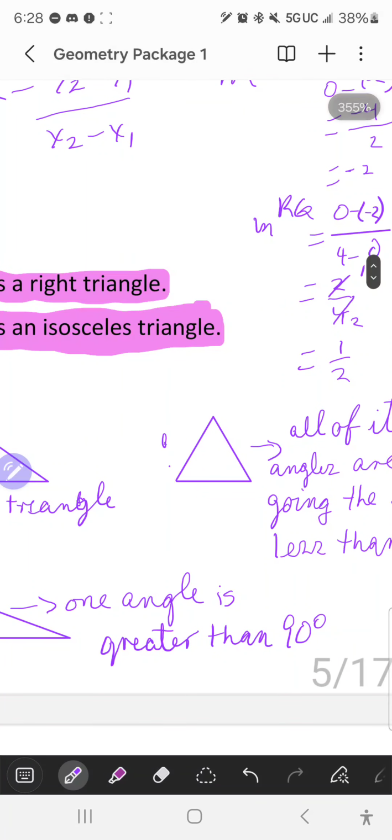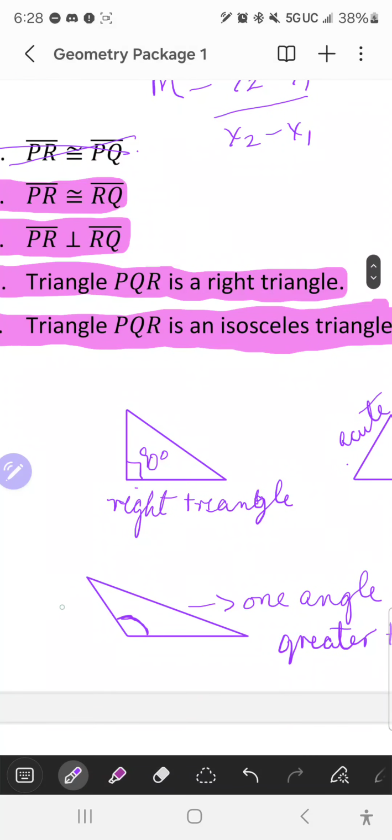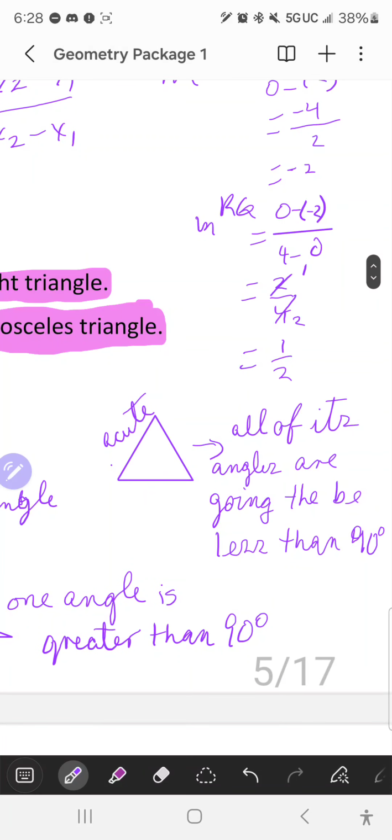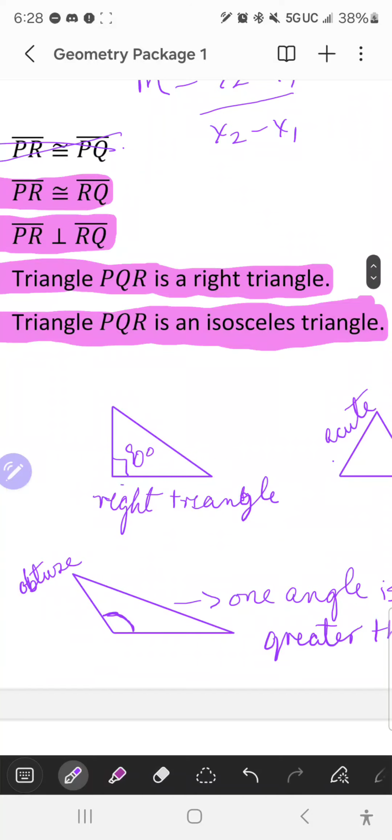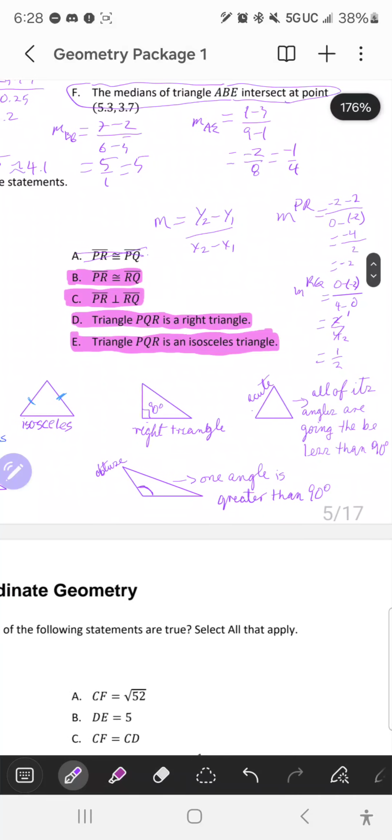This is acute, and this is obtuse. An acute triangle is one where all of its angles are less than 90 degrees, so the three of them are less than 90 degrees. And an obtuse triangle is one where one angle is greater than 90 degrees. And that's basically it.